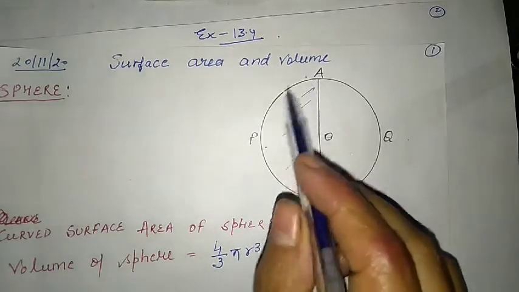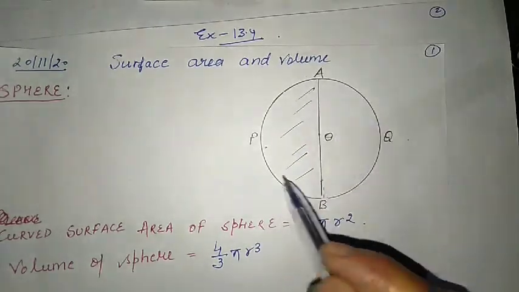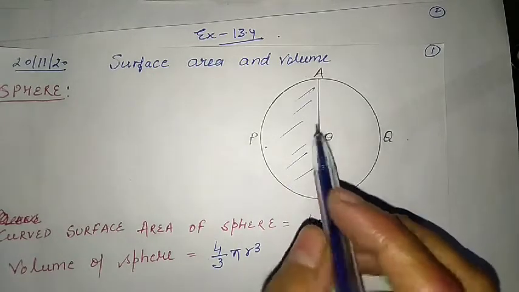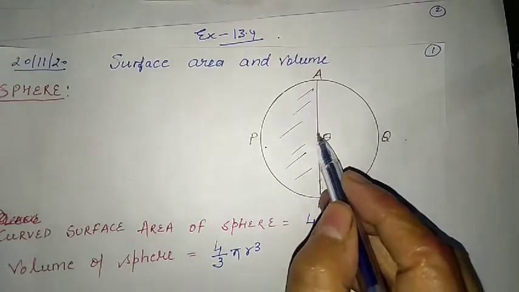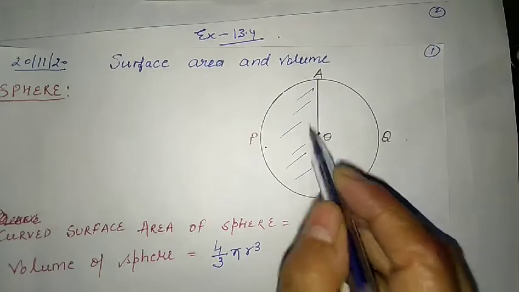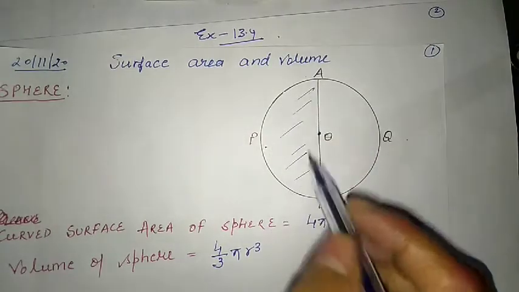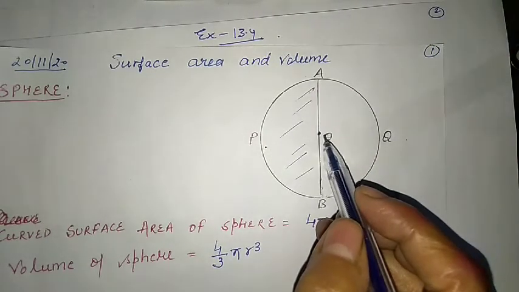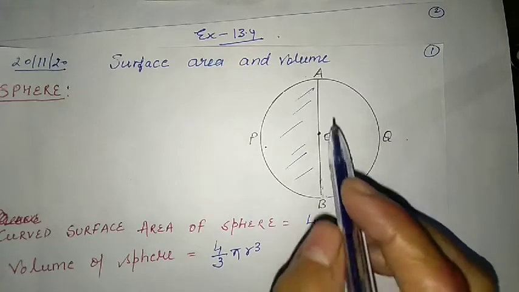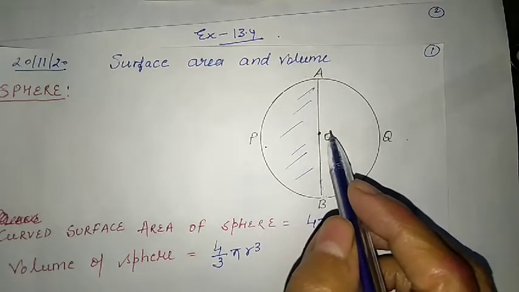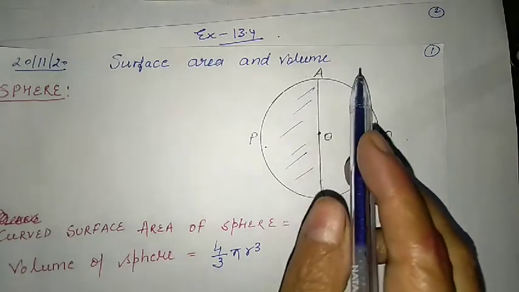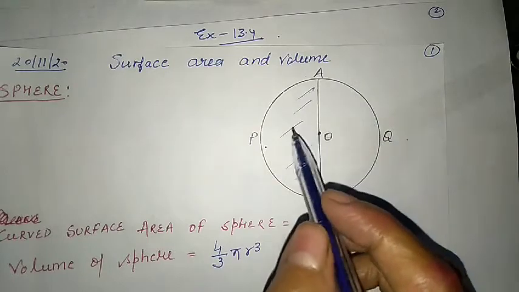All the points on this surface are at equal distance from the center O of the semicircle. So O is called the center of the sphere. The distance of the point O from a point on the surface is called the radius of the sphere.